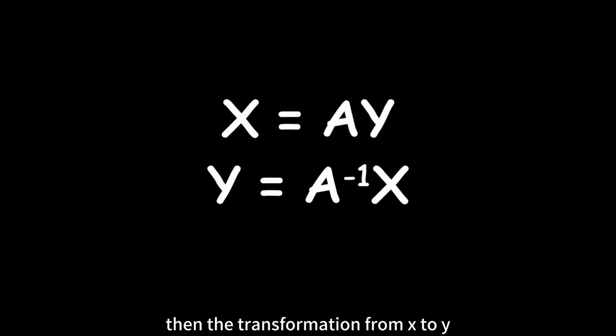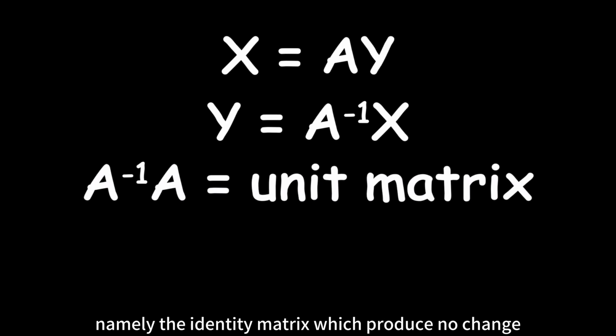Then the transformation from x to y is represented by the inverse matrix A^-1. Their product is the composite matrix, namely the identity matrix, which leaves everything unchanged.